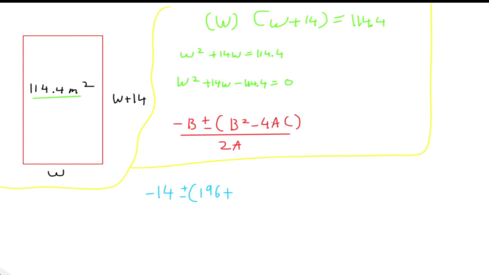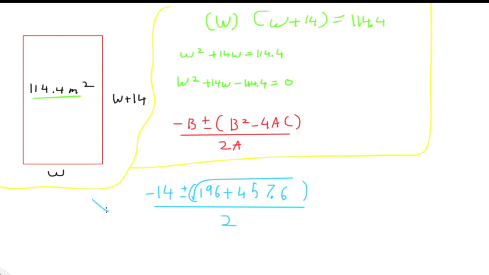We know that a is 1, c is negative 114.4, so minus 4 times 114.4, and if I check that with my calculator, it is 457.6. You want to remember that this is all inside the square root, and this all, if you close the brackets, will be divided by 2.